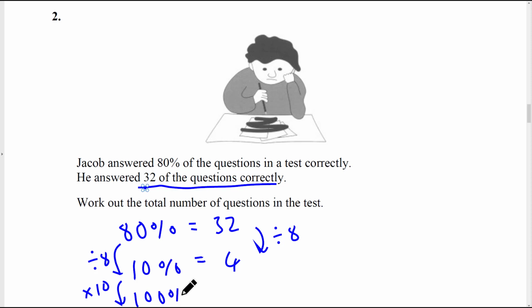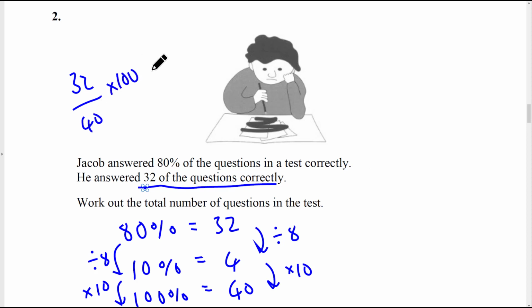So if you got 100% in the test, that'd be 40. And that would make sense because 32 divided by 40, if you did it on a calculator and times it by 100, that would be 80%. And then the calculator method was, well, 80% of X equals 32.